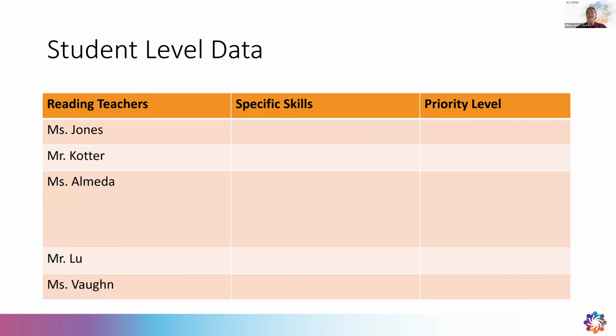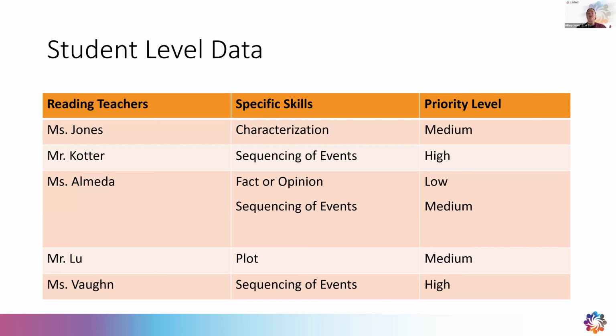So in this example, we've got a handful of teachers that we've checked in with. And one of the things that was asked is, what skills do your students need to master within reading that would strengthen the possibility that they meet the standard on the state assessment? And most of your teachers in your schools are going to have an answer to that question. Right?